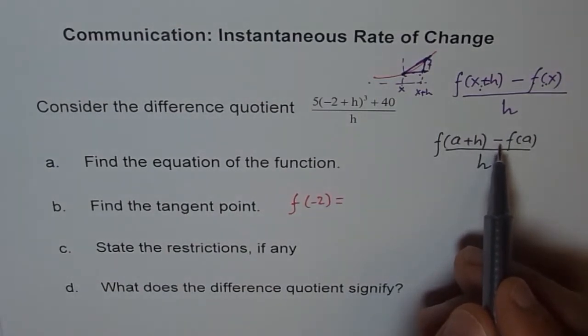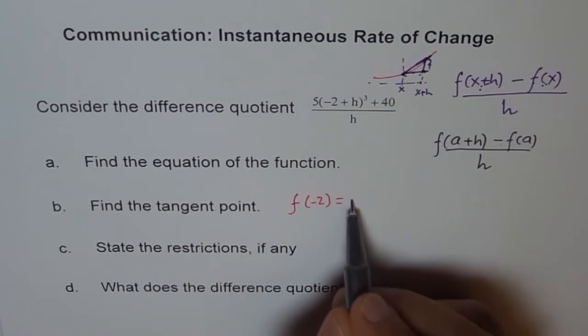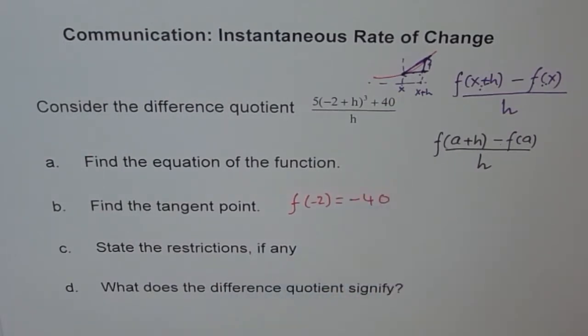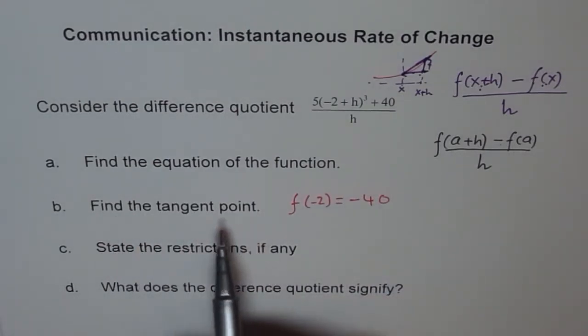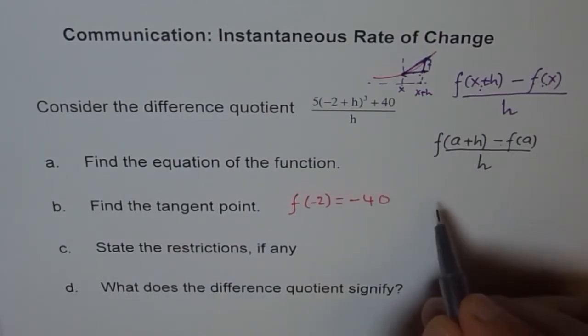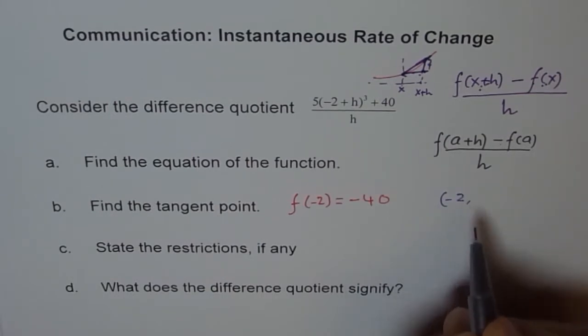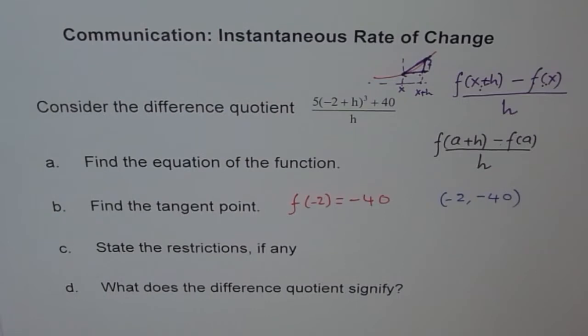This is minus, right? It becomes plus here. That means f of minus 2 should be equal to minus 40. And therefore the point where we're talking about, the tangent point, the answer for that is very clear, and the answer for that is minus 2 is the x value and minus 40 is the y value.